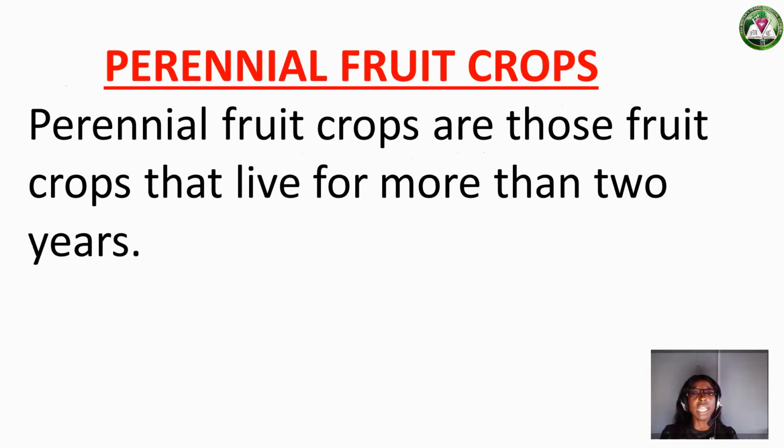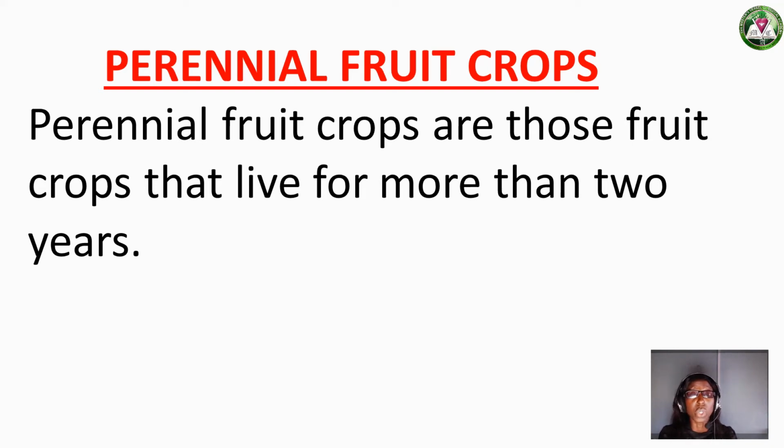The next one is perennial fruit crops. Perennial fruit crops are those fruit crops that live for more than 2 years. They can live for 3 years, for 4 years, for 5 years, for 10 years, and so on. We call them perennial fruit crops.